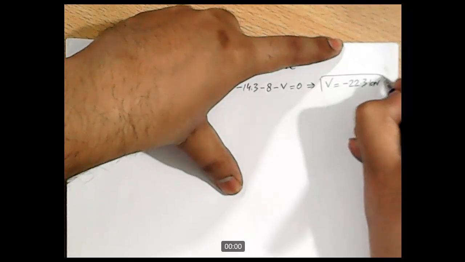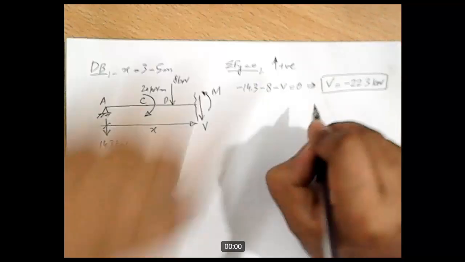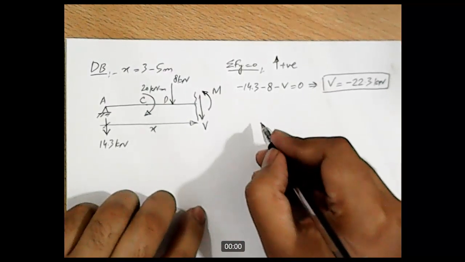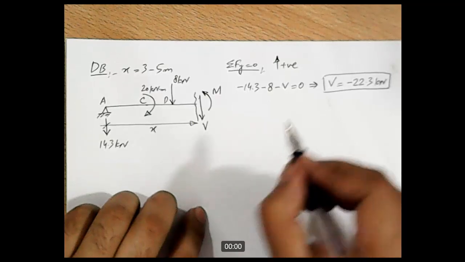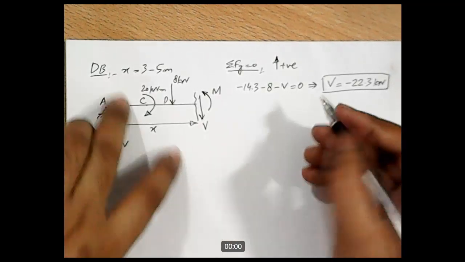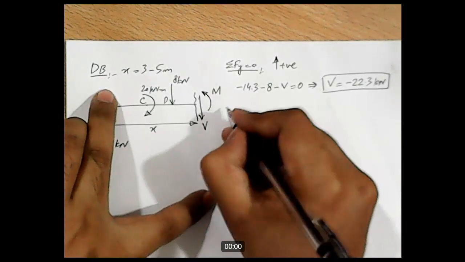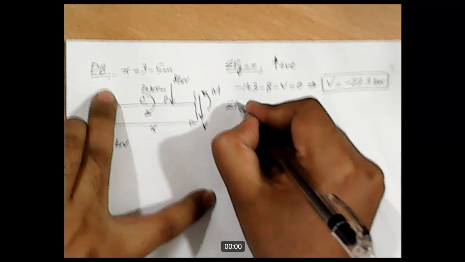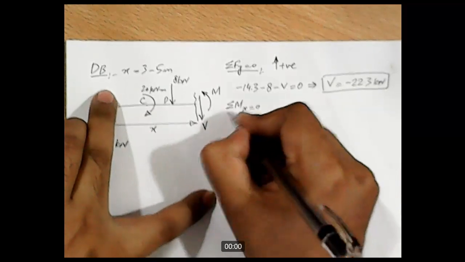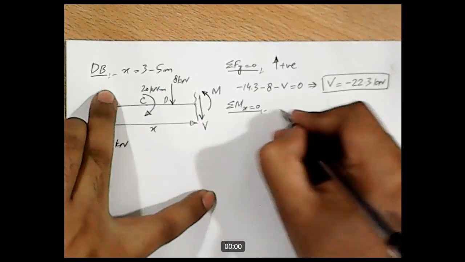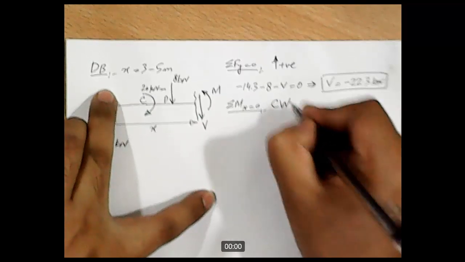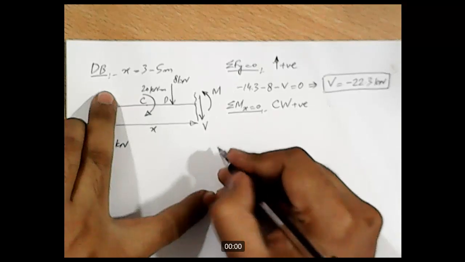And again, the value of shear is constant for this region, so we don't need to calculate the value of shear separately for points D and B. Now for bending moment, sigma M_x equal to 0, clockwise moment as positive.